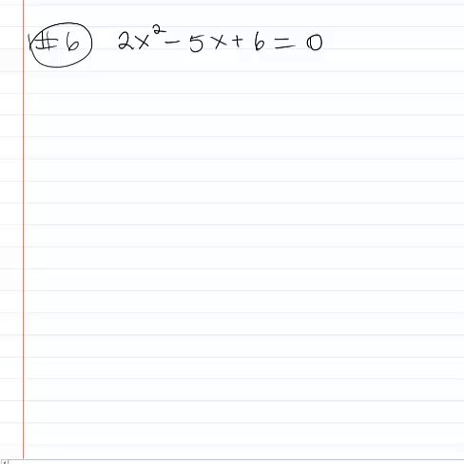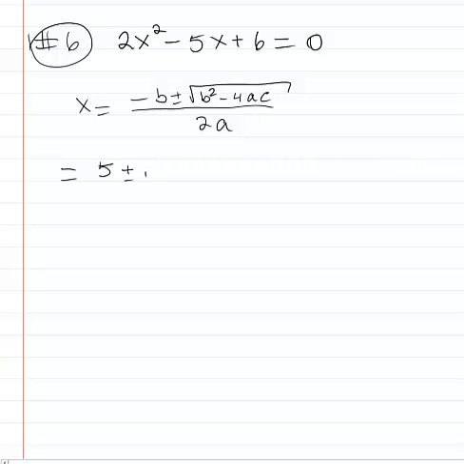Okay, so let's use the quadratic formula. x equals minus b plus or minus the square root of b squared minus 4ac, divided by 2a. So minus b will be 5 plus or minus the square root of 25 minus 4 times 2 times 6, divided by 2 times 2.